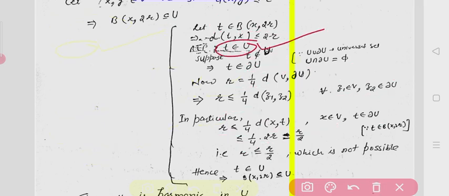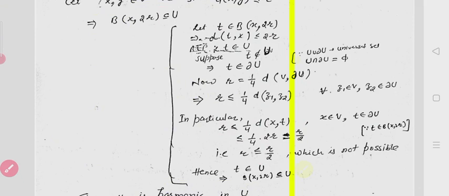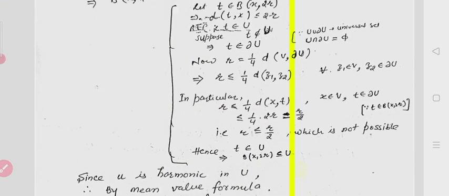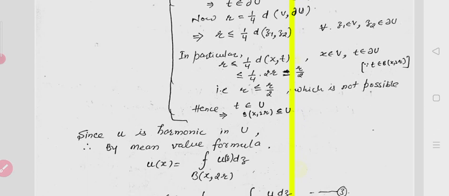Okay, but t was an arbitrary point in the ball B(x,2r), so it belongs to u, so that means the whole ball B(x,2r) will be contained in u. So that means we got a ball in u having center x and radius 2r, and it is given that u is harmonic in u.